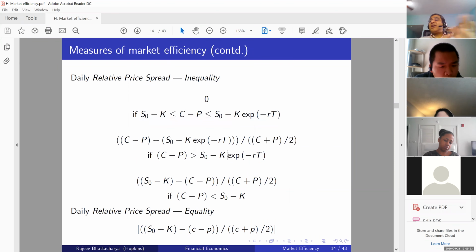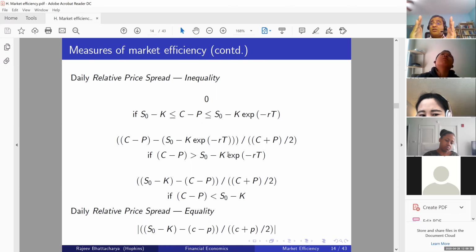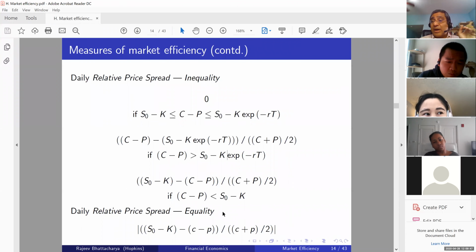And otherwise we say how much, if it is to the left of it, how much to the left. So there's a band in the middle where it holds. In that band we say that the price spread is 0. If it is to the left, how much to the left? If it's to the right, how much to the right? That's what we take as the measures of market efficiency for American options.